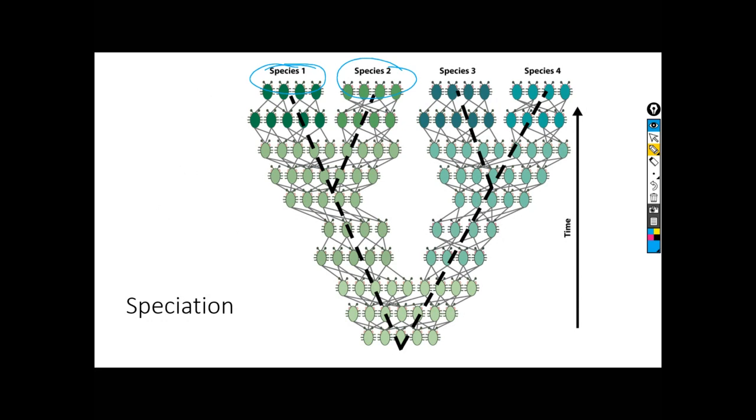So if we think back to our definition of natural selection, here we have our population. We have some variation, right, different colors of green. And so we would assume that there's some advantage to being one color of green versus the other.